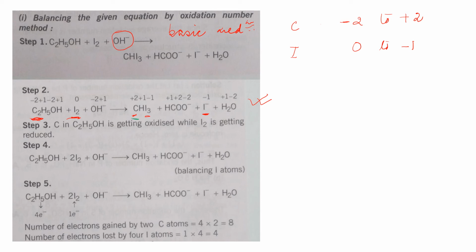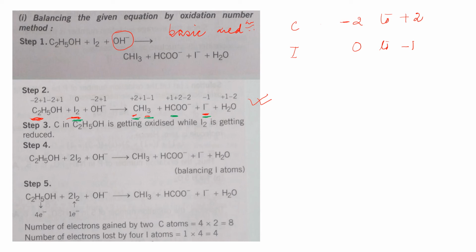This is 1 and this is 1. So carbon is balanced. I need not do anything for carbon. But see for iodine. In the left hand side I am having 2 iodine, and in the right hand side I am having here 3 iodine and here 1 iodine, so it is 4 iodine. So iodine has to be balanced.